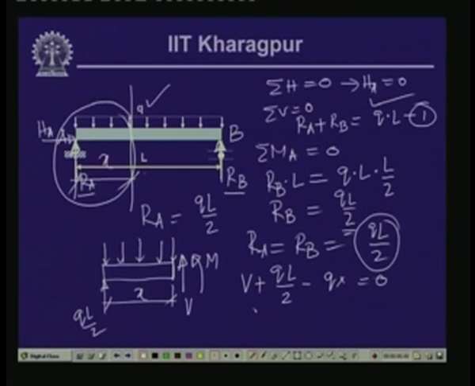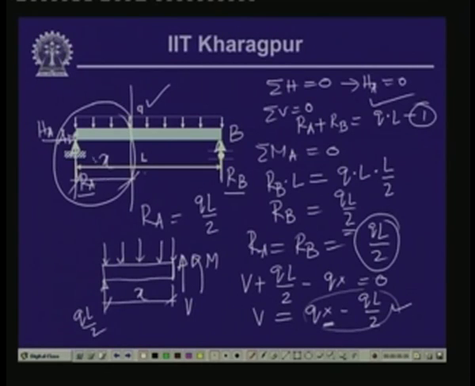This gives us V equals qx minus qL/2. Please note that if x equals 0, which is the left support, then V equals minus qL/2. As x goes along the length of the beam, when x becomes L/2, the value of V becomes 0.